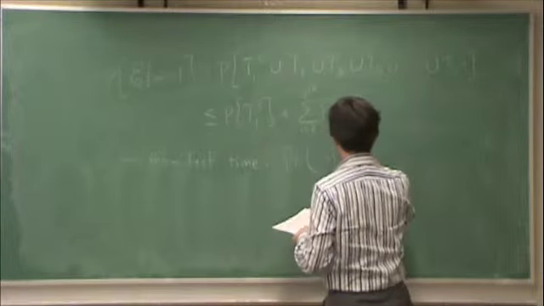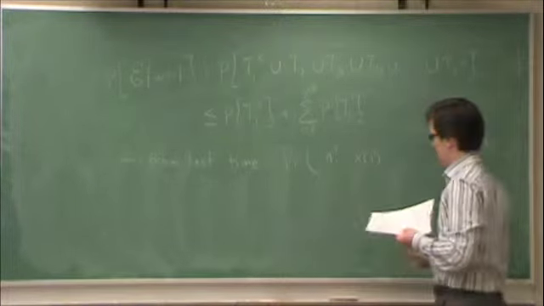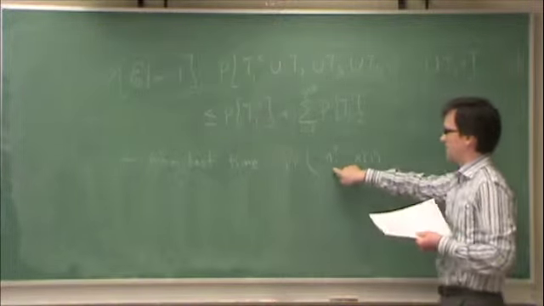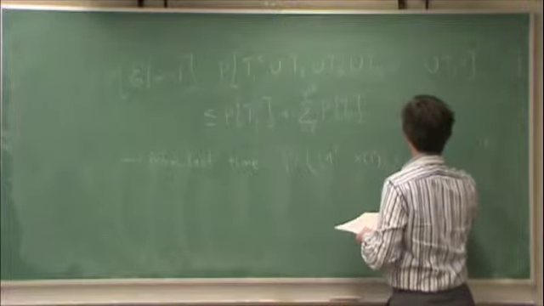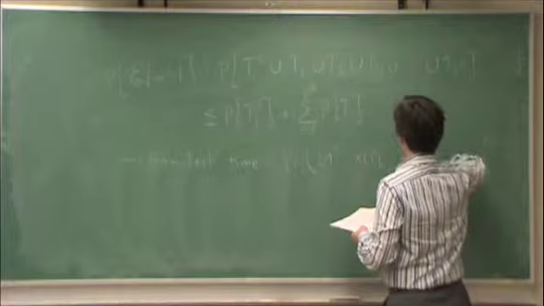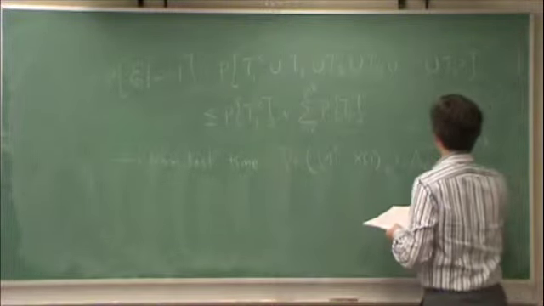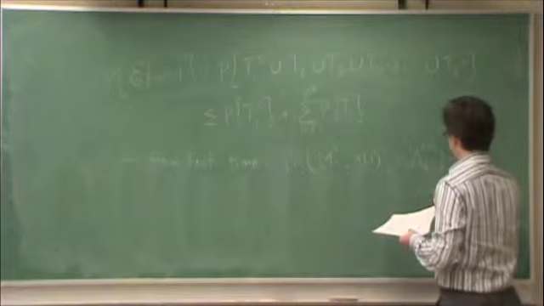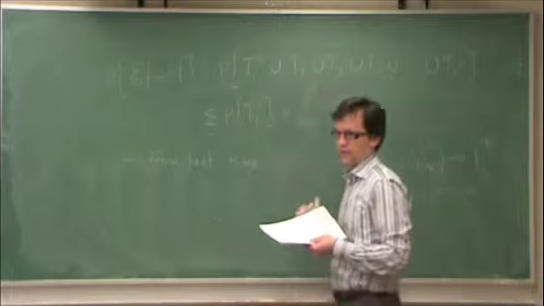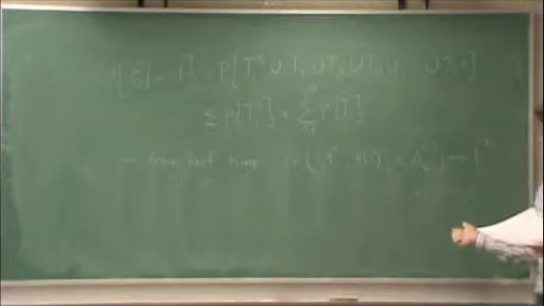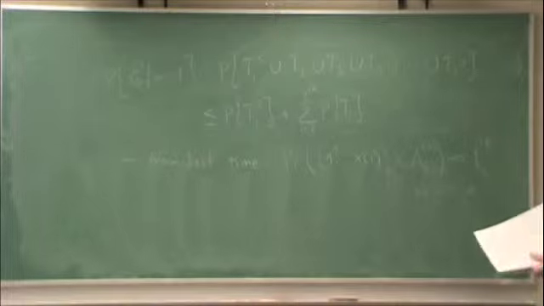So the probability that this channel input and that channel output are not jointly typical. Excuse me, let me back up. The probability that these are in the typical set, we showed that this goes to 1 as n goes to infinity. That's one of the features of joint typicality, that the probability of the typical set goes to 1.